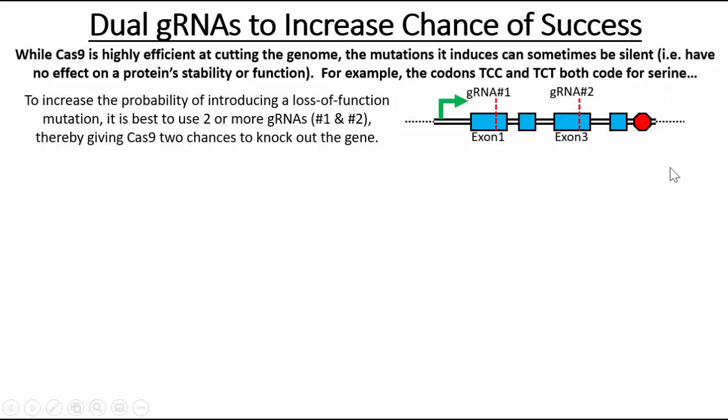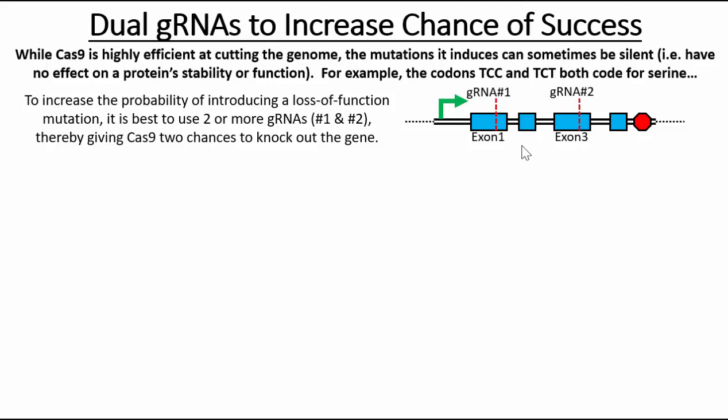So there I have a mutation, but the protein is still functional. So given that that is something that could happen, by using 2 gRNAs, I'm going to introduce 2 mutations, and it's more likely that at least one of those spots will introduce a mutation that disrupts the protein itself.